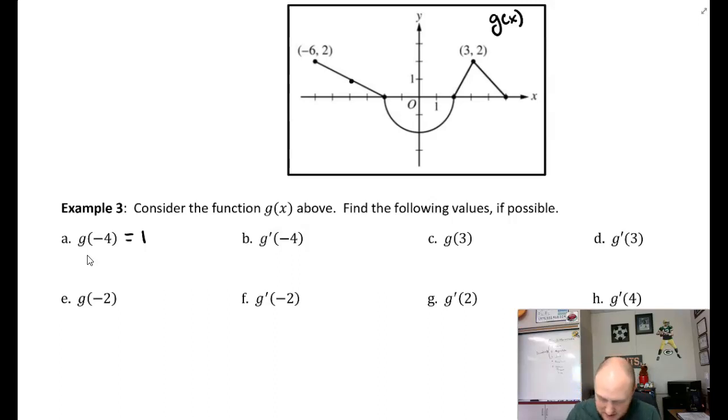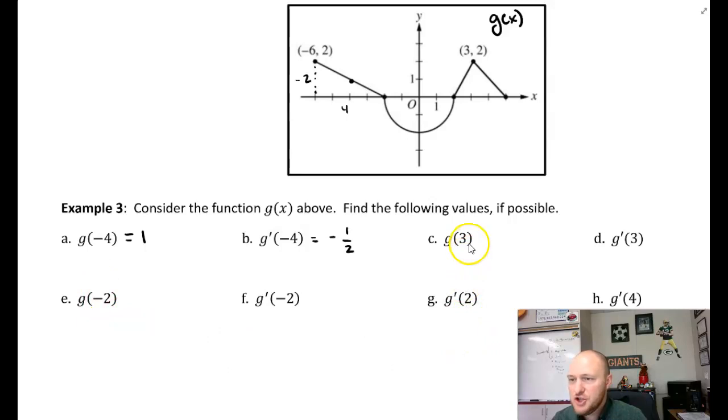Well, that's on a straight line, so the slope on that line is the same everywhere. So it looks like we drop 2, and we go from -6 to -2. That's 4, so that is -1/2. -2/4, right? -1/2.